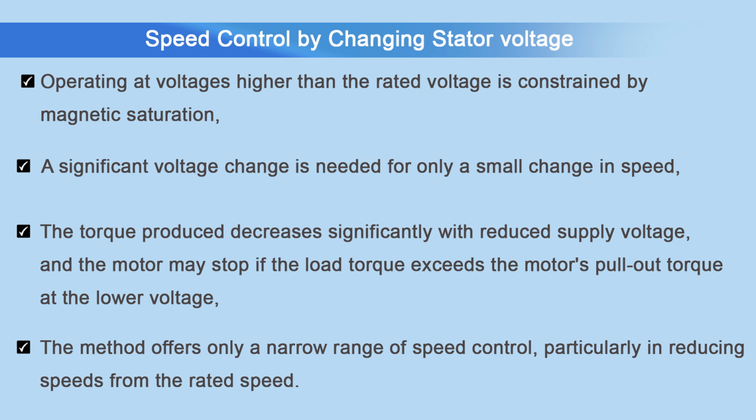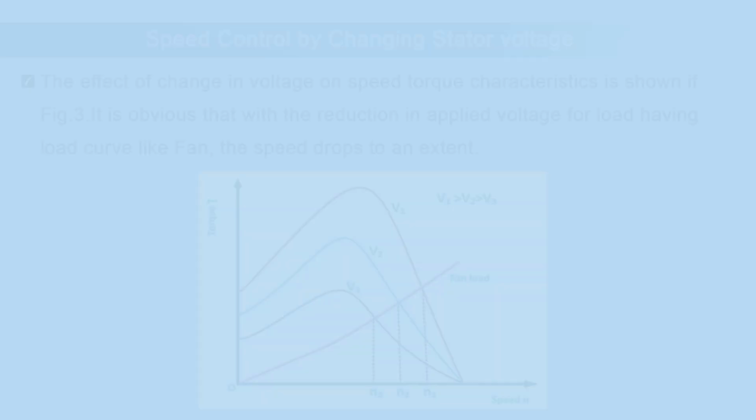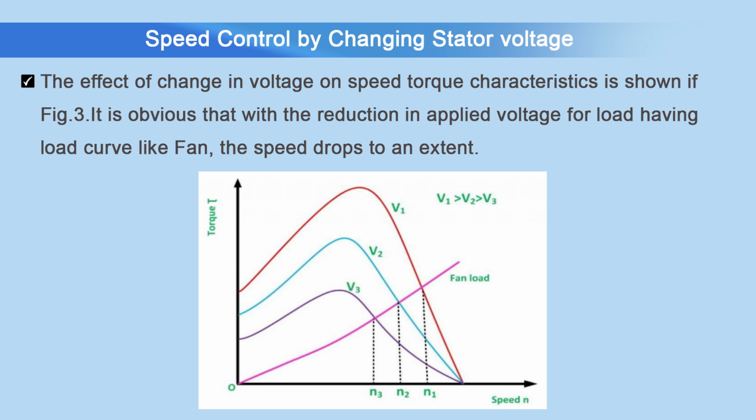This method offers only a narrow range of speed control, particularly in reducing speeds from the rated speed. The effect of change in voltage on speed torque characteristics or slip torque characteristics is shown in the figure.